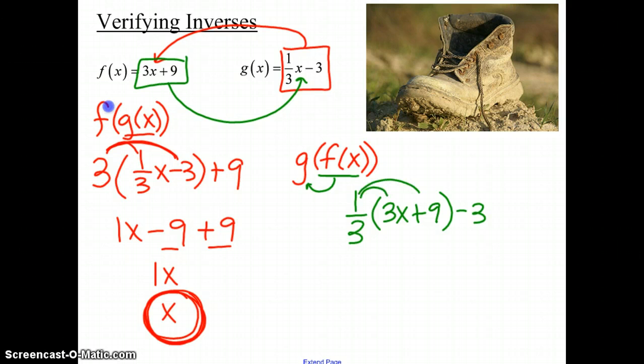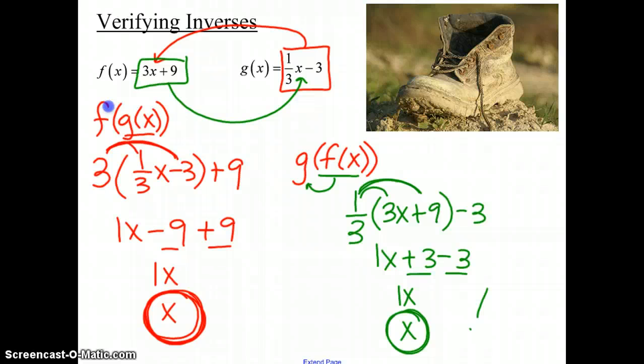Distribute and simplify. 1/3 times 3 is 1x. 1/3 times 9 is 3. And positive 3 and negative 3 are going to cancel each other out, just leaving us with x. Because we just get x, we know they're inverses.